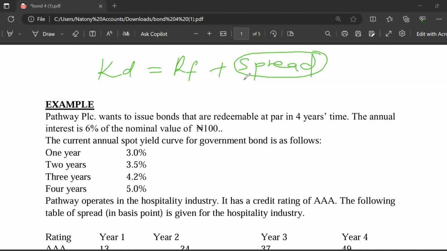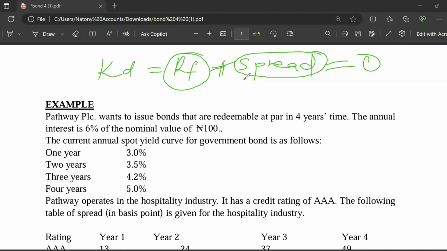So for the government, it is expected that the spread will be equal to 0. That means the government's bonds are risk-free. There's no risk attached to the government bond, so you are not going to add the spread because the risk is equal to 0. But for a corporate bond, there's always a risk of default.